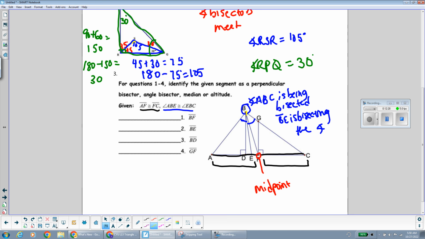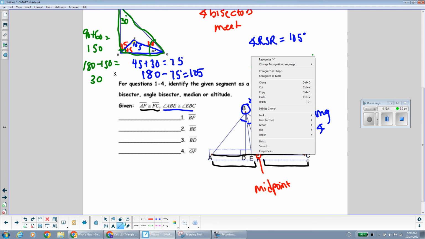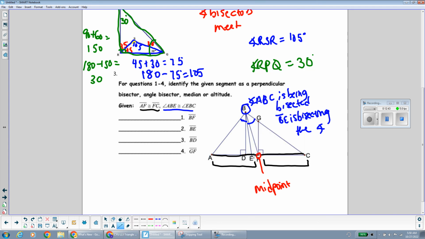If I draw from B, let me use a line because I want that to not go 50 million other places. Oops. There we go. BE is where our angle is being cut in half.